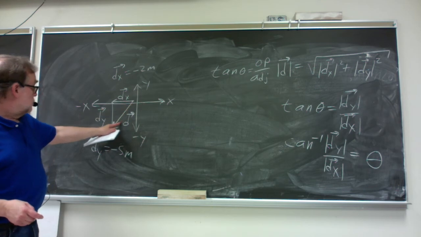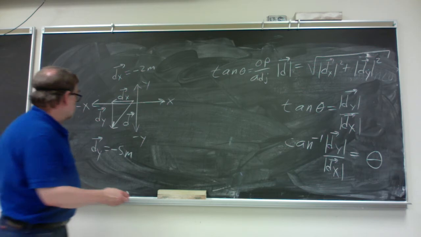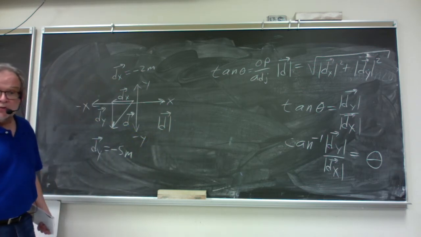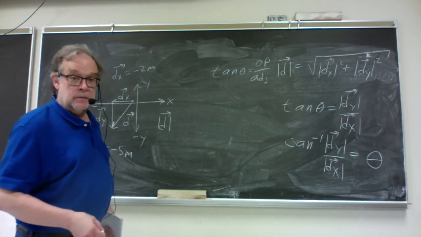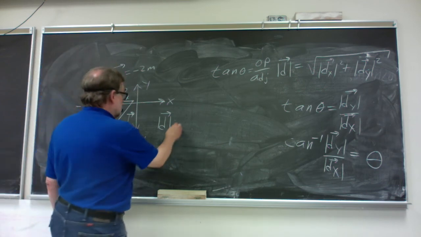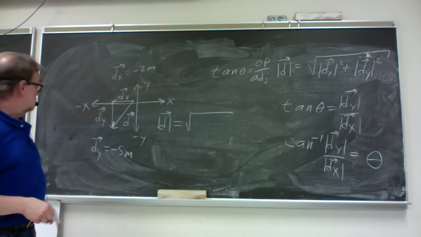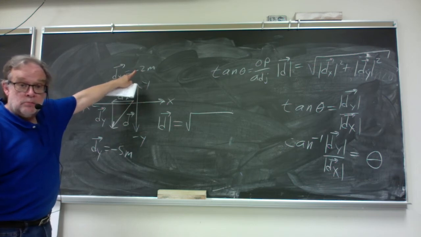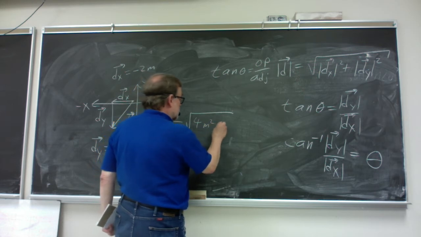The magnitude of that displacement we just figure out with the Pythagorean theorem, because it's the hypotenuse of a right triangle, and the magnitudes of dx and dy are the two perpendicular sides. So just use that rule. Square root of the magnitude of dx squared, so -2 squared, gives us 4 square meters.